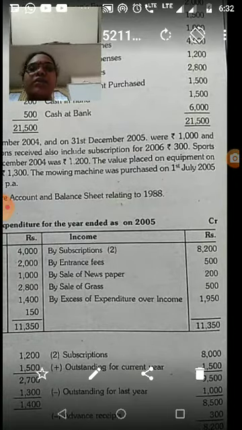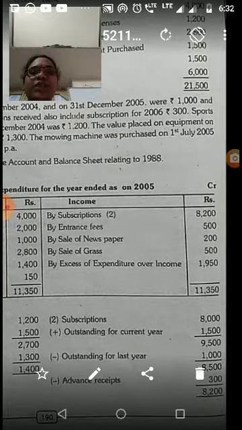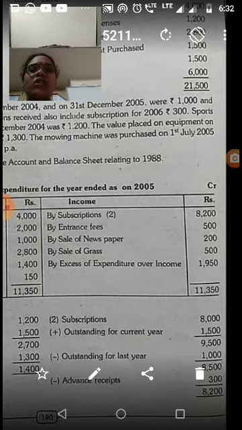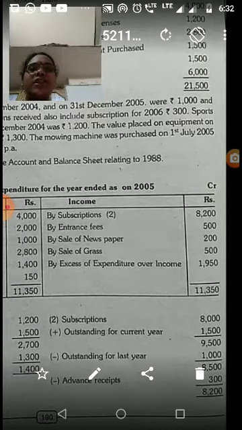So by subscriptions, for subscriptions we have the adjustment. Subscriptions 8000, add outstanding for the current year, so outstanding means 9500, minus outstanding for last year, that is 1000. 9500 minus 1000, that is 8500, minus advance receipt of subscriptions, that is 300. 8500 minus 300, that is 8200 is the subscriptions.